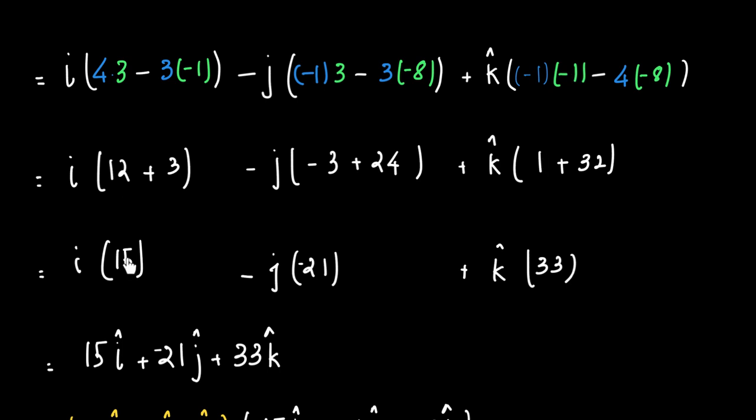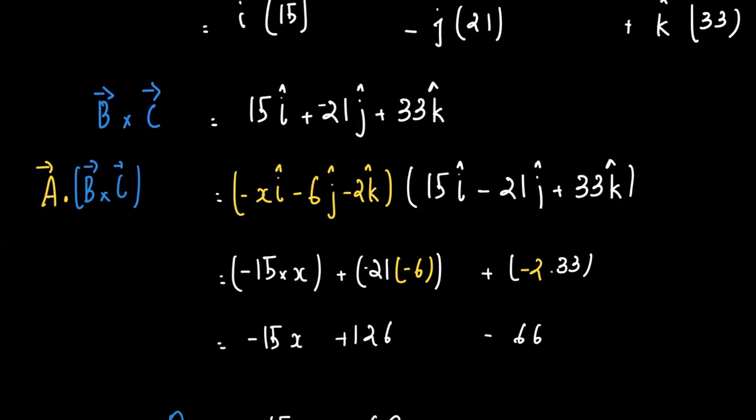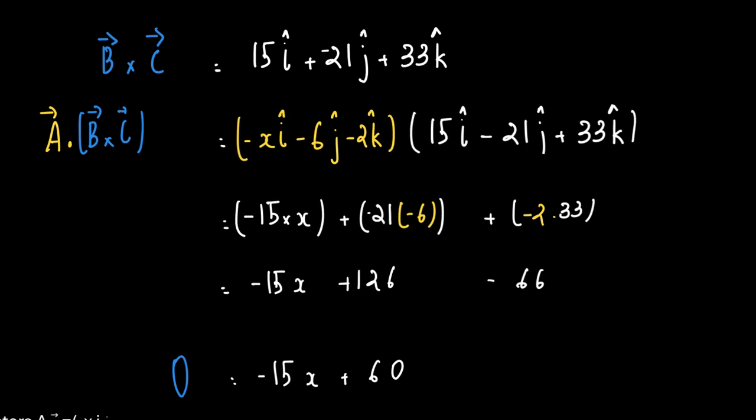So we have 12 plus 3, 15. 24 minus 3... wait, did I make a mistake here? Yes, it's not -21 here, so we have -21J and 32 plus 1, 33K. Therefore, vector B cross C is 15I minus 21J plus 33K.